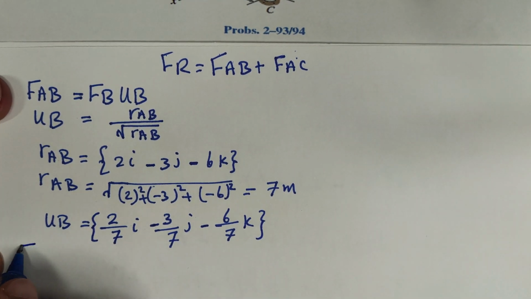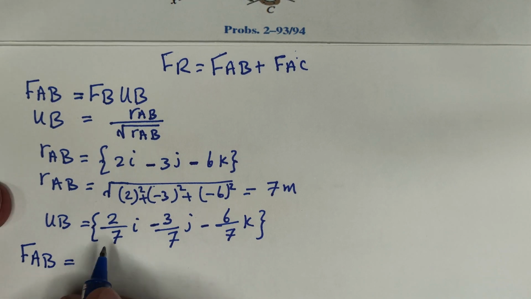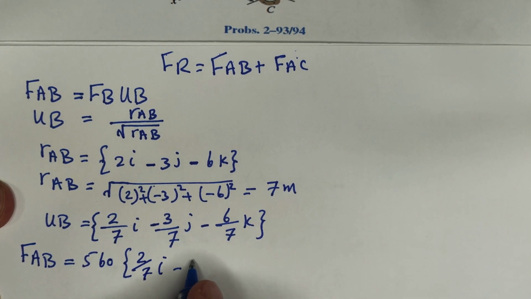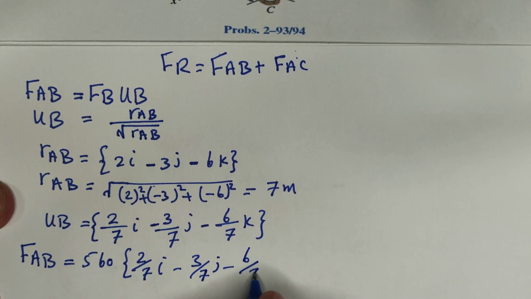Now easily we can find FAB, which is equal to the force given, 560 Newton, multiplied by the unit vector B, 2 over 7 i minus 3 over 7 j minus 6 over 7 k.